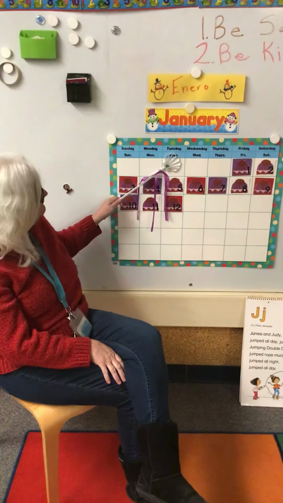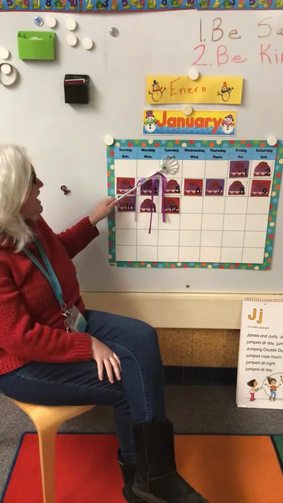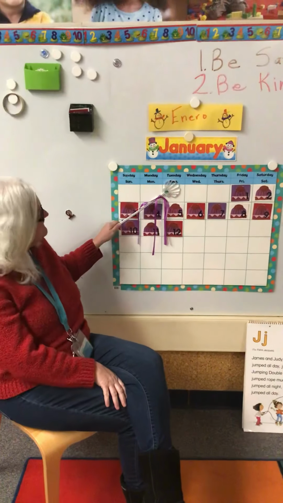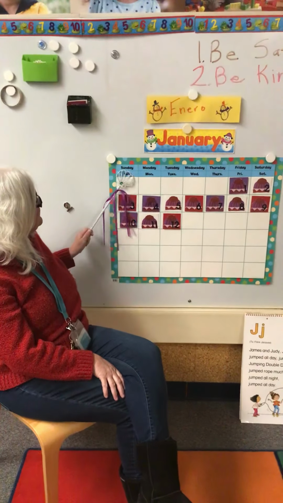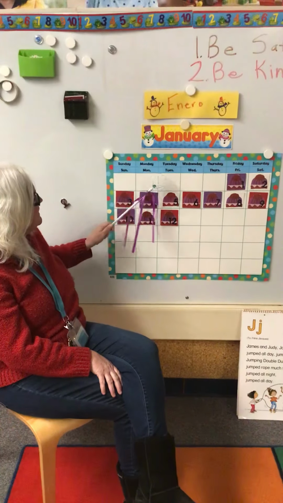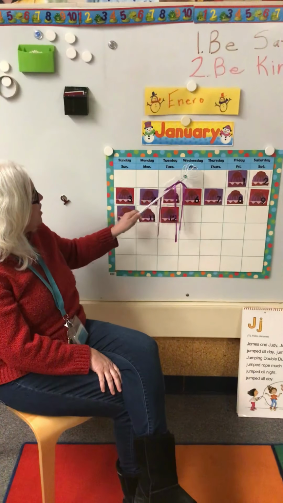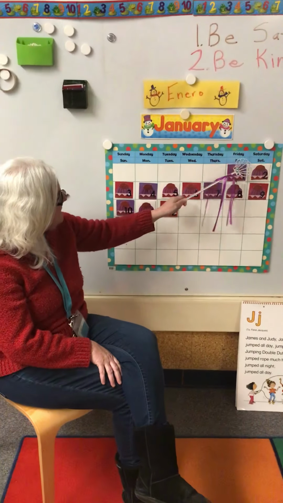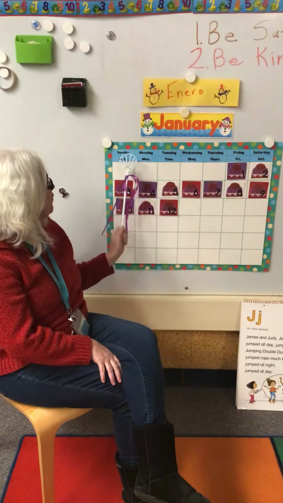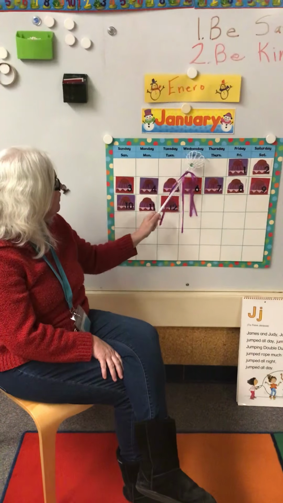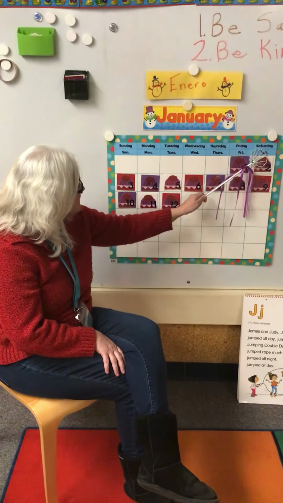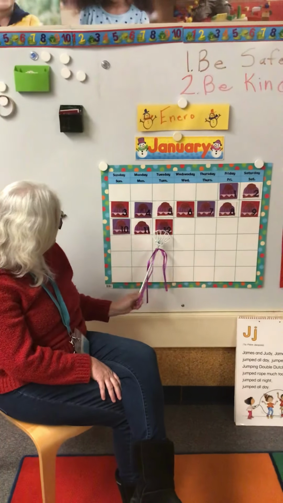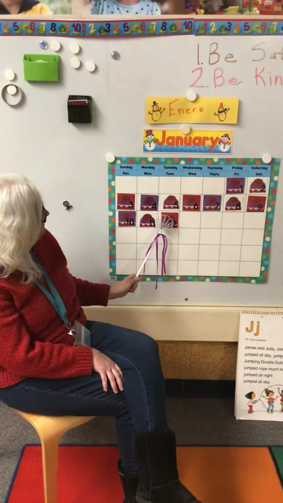There are 7 days in a week. Sometimes we sing it. Today, let's say it. Sunday, Monday, Tuesday, Wednesday, Thursday, Friday, Saturday. 1, 2, 3, 4, 5, 6, 7 days in a week. Come on back down to number 12.